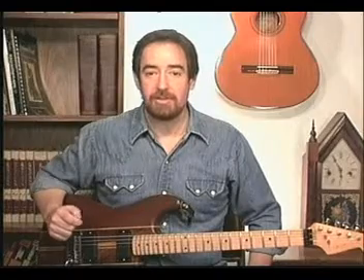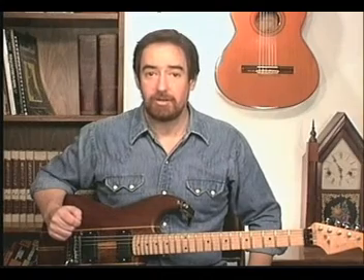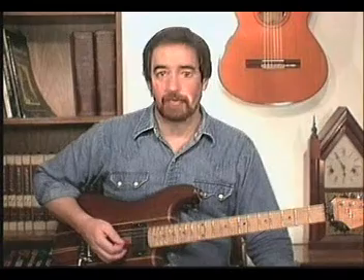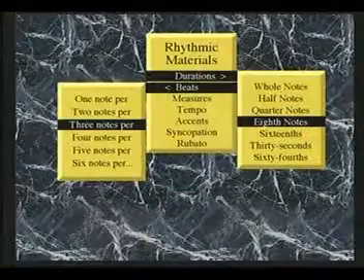Our first variation is going to be to change the fretboard form. We used the G scale form the first time, now we use the A form in the 10th position. By changing just the form and keeping everything else the same, and that was lead pattern 2.